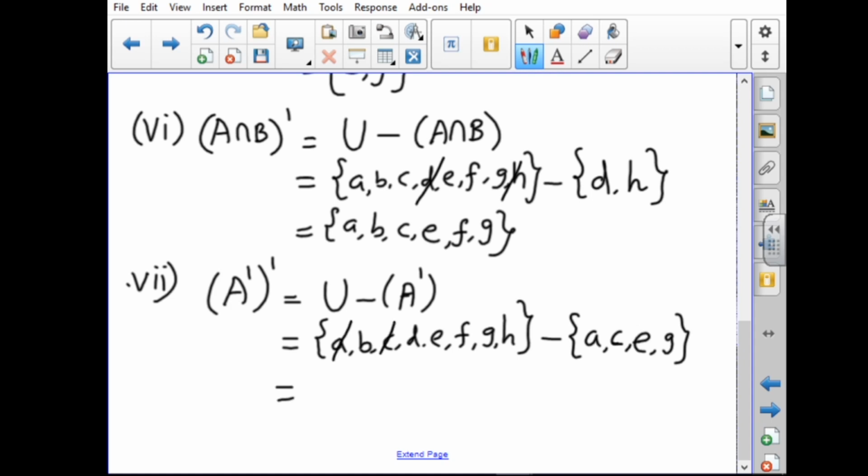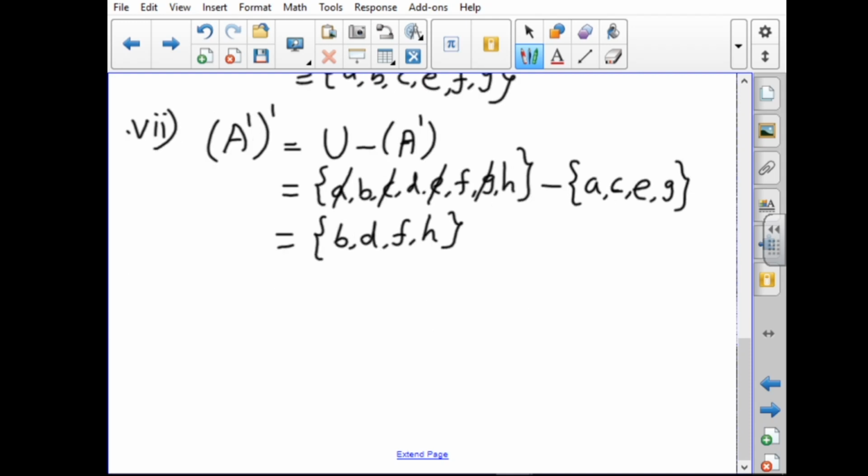Remaining elements are B, D, F, H. This is A dash whole dash. You can check that the value of A dash whole dash is equal to B, D, F, H. This A dash whole dash is nothing but A. This is one type of condition.